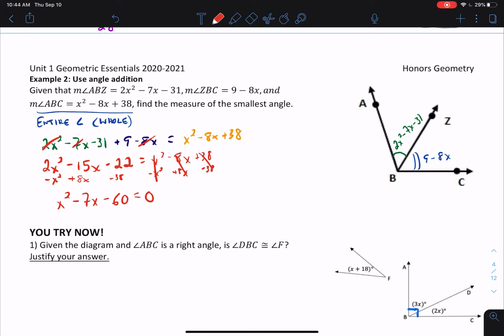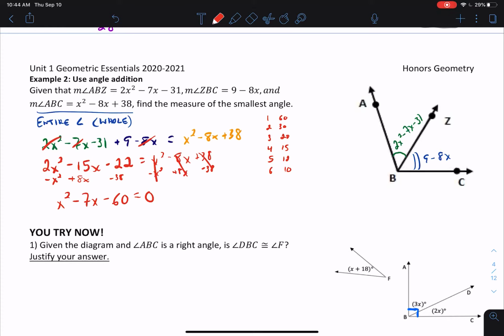So from here, I'm asking myself, what multiplies to give me negative 60 and adds to give me negative 7? I might not know that right off the top of my head, but I can start to guess and check and list the factors of 60. I'm just going to do this off to the side. And 6 and 10, I think that's it.